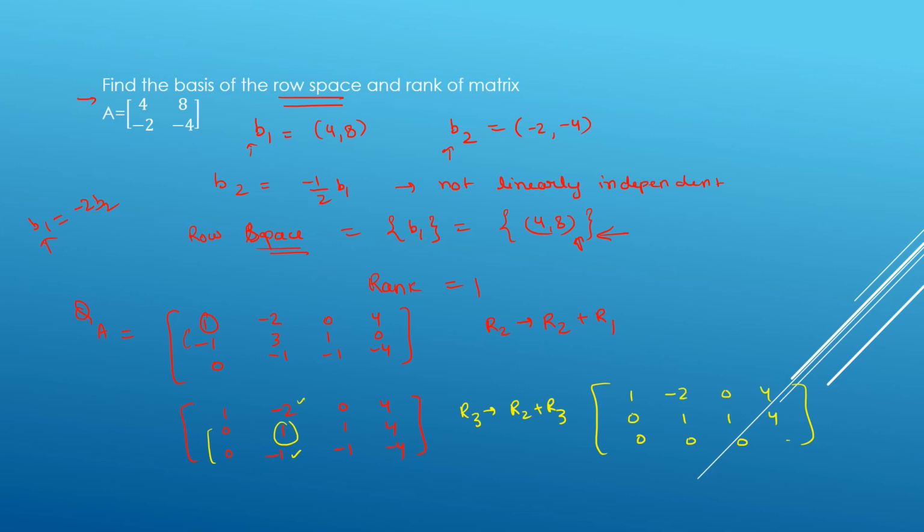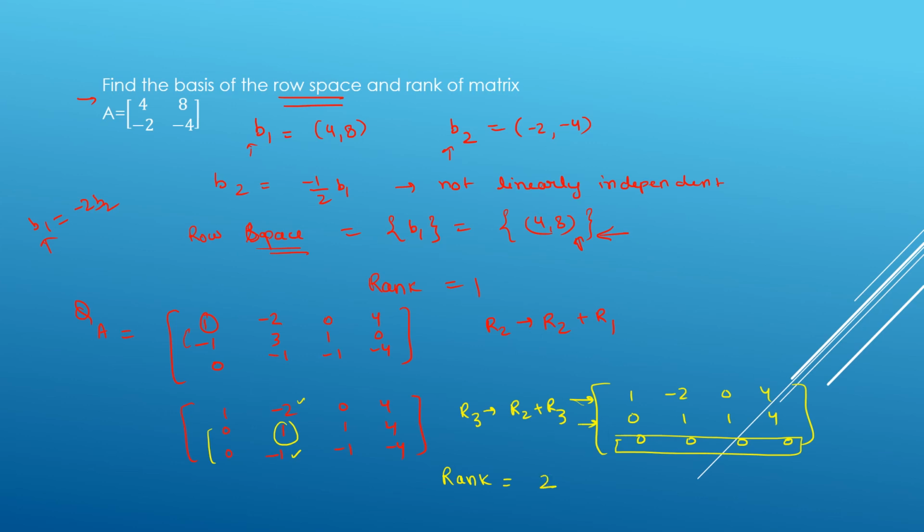So you will see all these are forming 0. In rank, you only need to consider the non-zero rows. So how many rows are non-zero? 2. That means the rank of this matrix is 2.